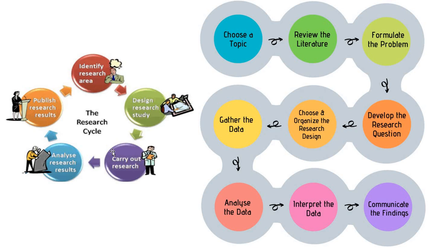Carrying out the research covers gathering or collecting the information and the data, and analyzing it to reach the research results. The research results may come from experimental, applied, or action research done in this area. Analyze the research results, interpret the data, and finally communicate the output.